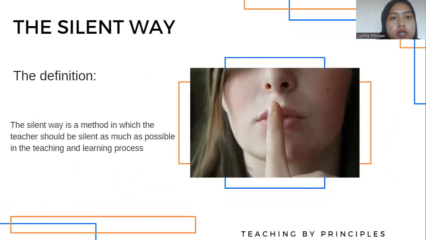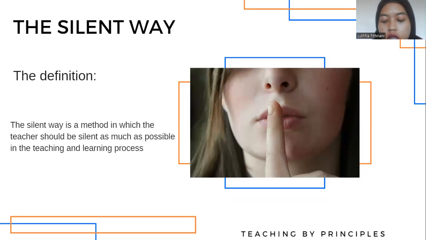The third method in the designer era is the silent way. The silent way is a method in which the teacher should be silent as much as possible in the teaching and learning process. The silent way was founded by Caleb Gattegno, 1972. He stated that the students should develop their autonomy and responsibility in order to gain new knowledge.